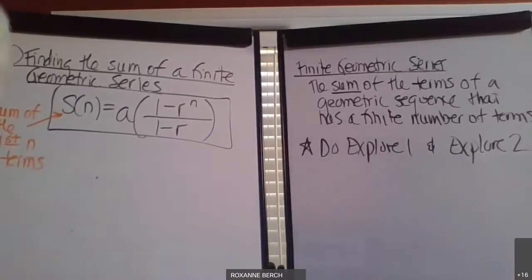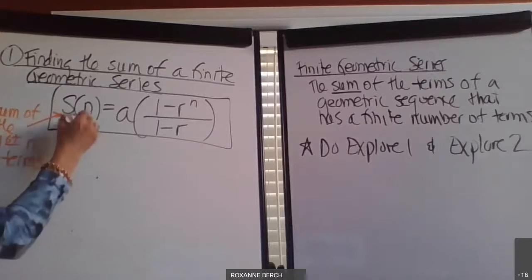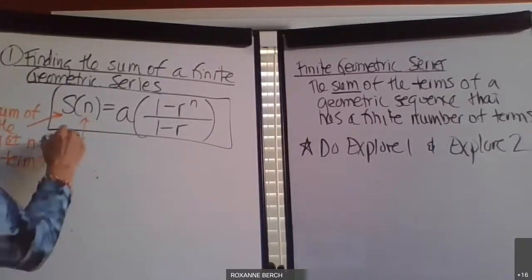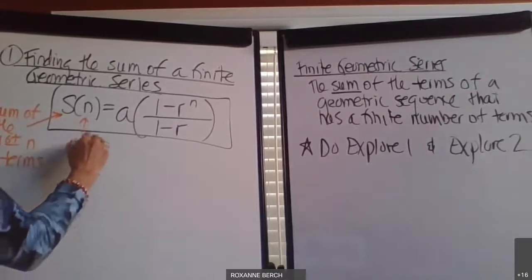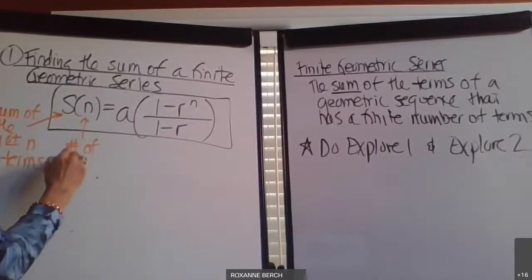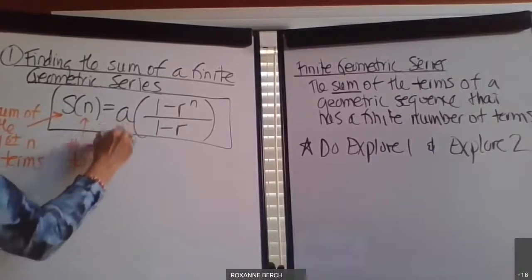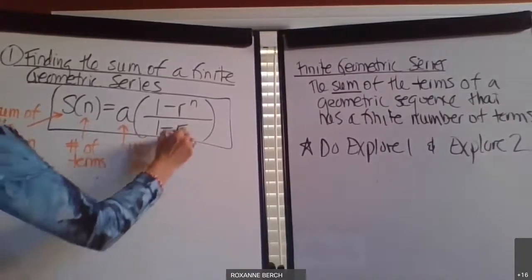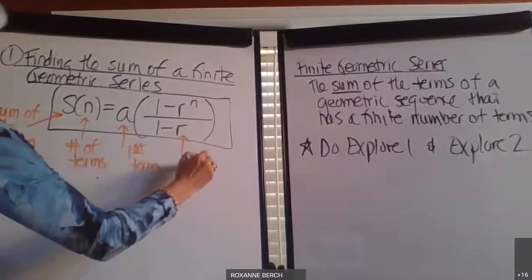So if we want to find the sum of 50 terms, it would be S of 50. If we want to find the sum of the first 10 terms, it'd be S of 10. So n is the number of terms. A is the first term, and R is the common ratio.